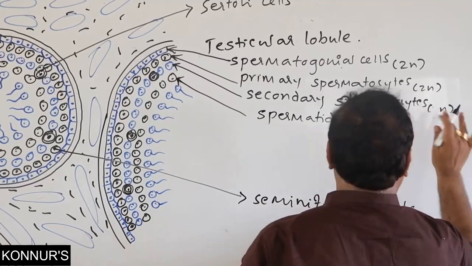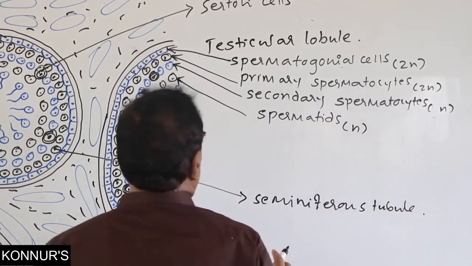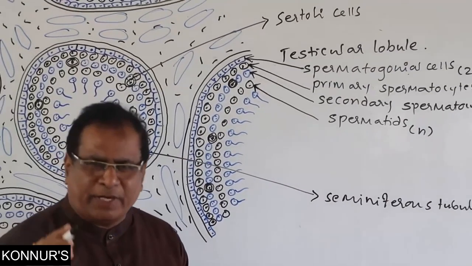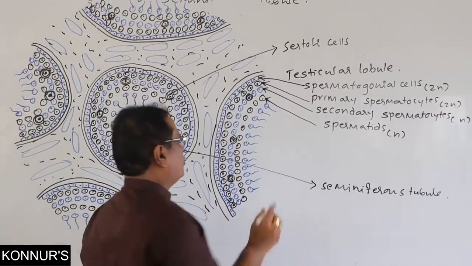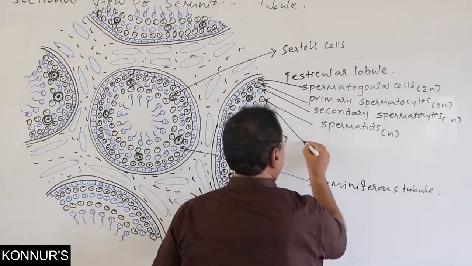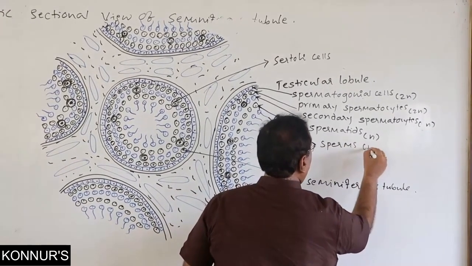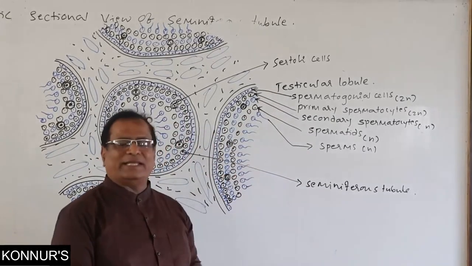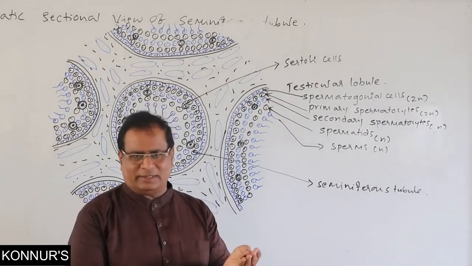Secondary spermatocytes are haploid. Even spermatids are haploid. And these spermatids, by spermiogenesis, are metamorphosed into haploid sperms. All these things we have studied in the process of spermatogenesis.